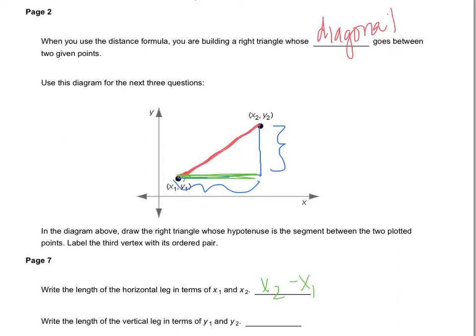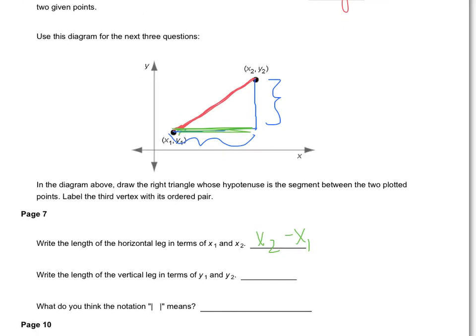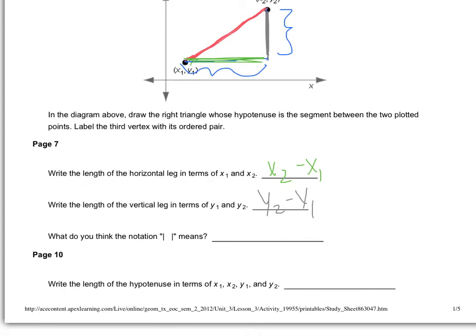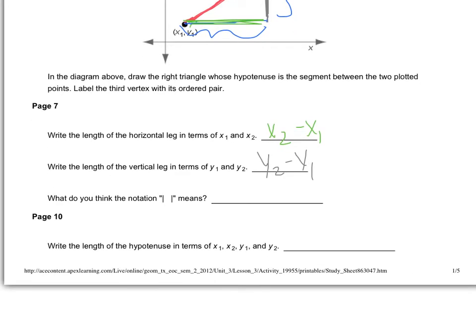And that was how I could figure out how long it was. And I could do the same thing for y, which is now colored in gray. And I could do y2 minus y1. And that would help me find the length of it.